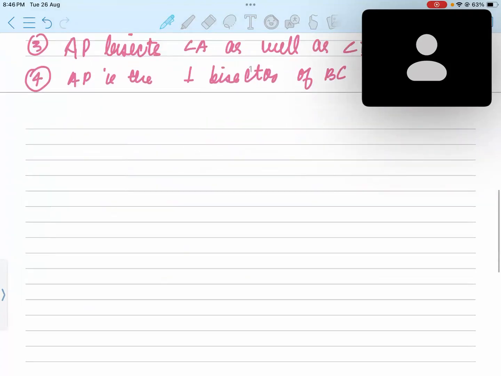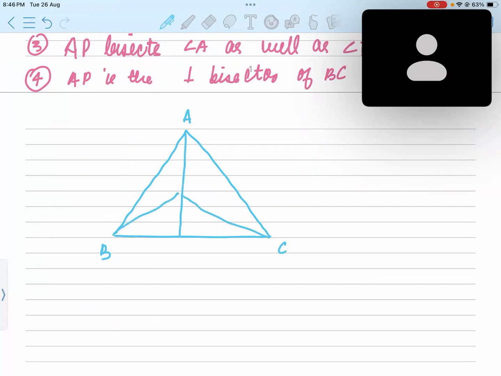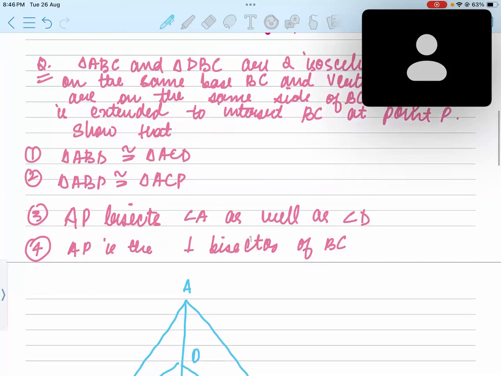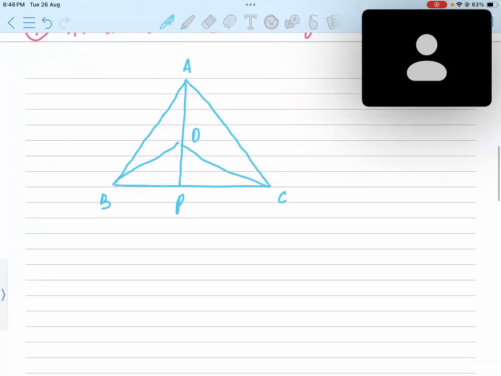The figure is also given in the question. You have ABC as a triangle. So children, let's read the question again. It says triangle ABC and DBC are two isosceles. ABC is this one, so this is equal to this. That means AB is equal to AC because it is given in the question.